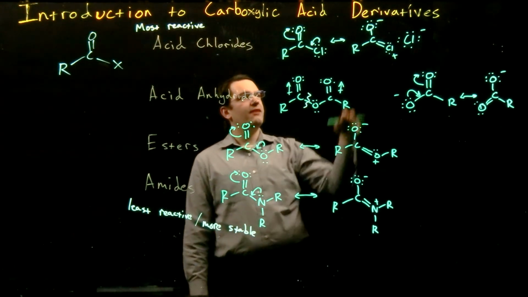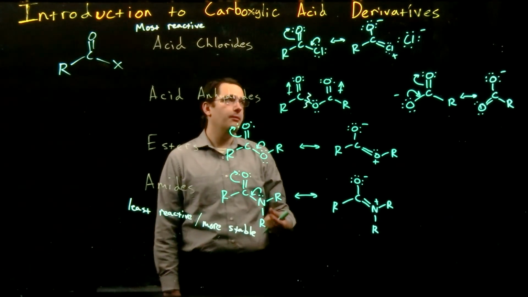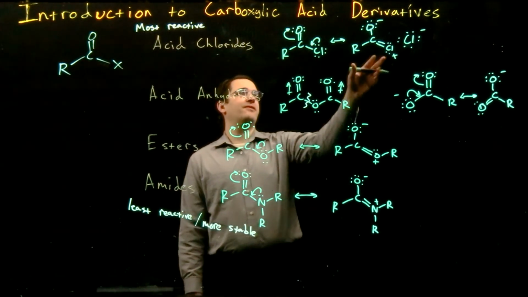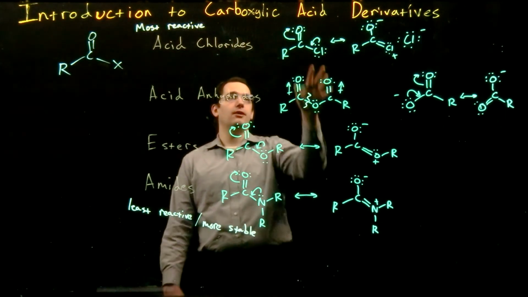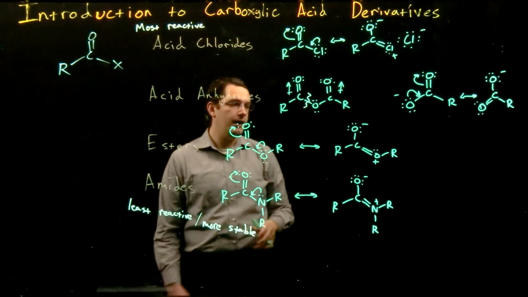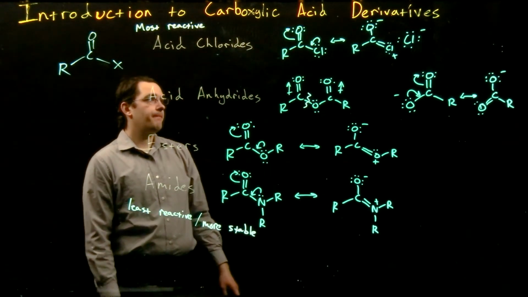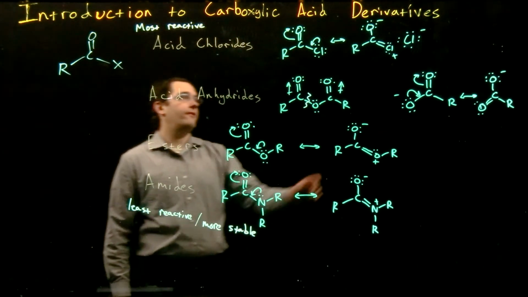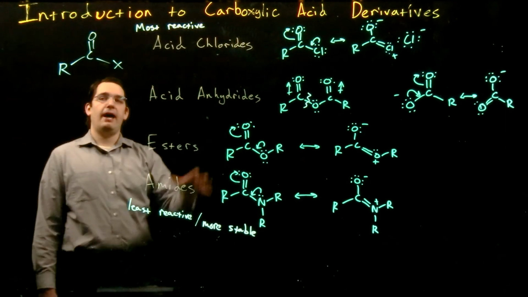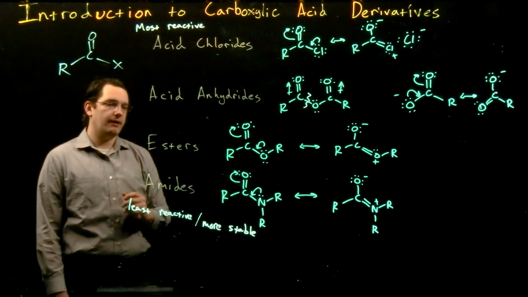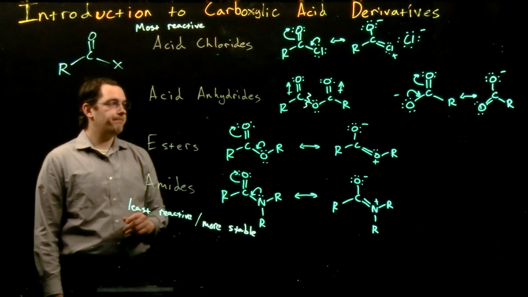So it doesn't really want to give up its electrons. It also doesn't really form a very stable double bond. So this is a very minor resonance contributor, again, contributing less overall stability to our acid chloride compared to all of our other carboxylic acid derivatives. So that, combined with the fact that our chloride itself is a very good leaving group, makes our acid chlorides the most likely to react of all of our different carboxylic acid derivatives.